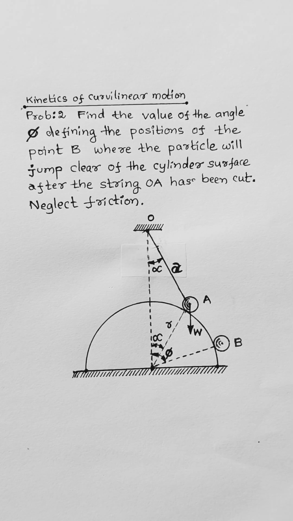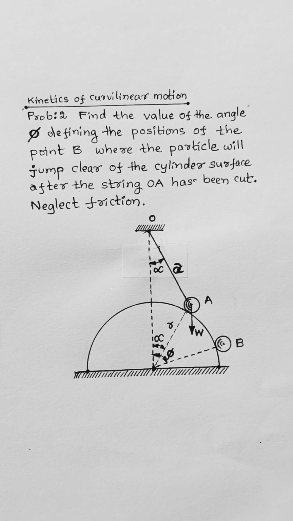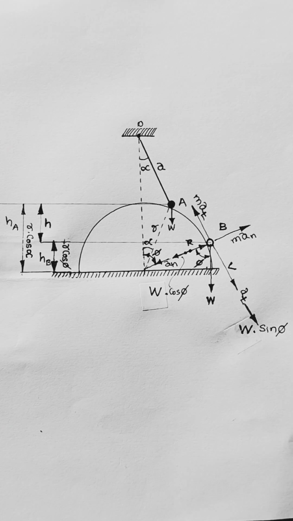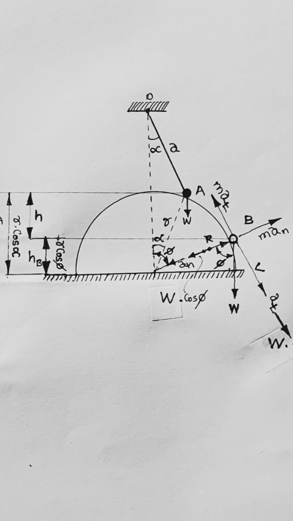When you draw the free body diagram of the particle of weight W at the particular point B, the final position of the particle at the time of leaving the cylindrical surface, we have to get exactly like in this fashion. At the contact between the particle and the cylindrical surface, for the final position at B, the reaction force R is considered as 0.